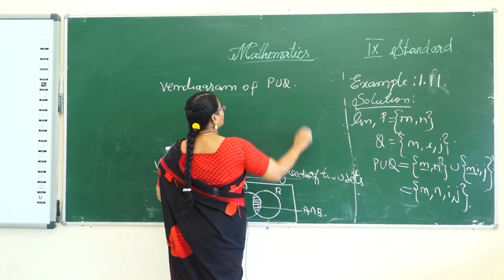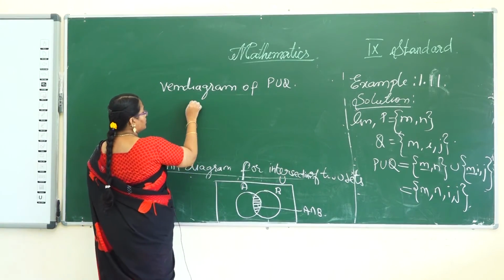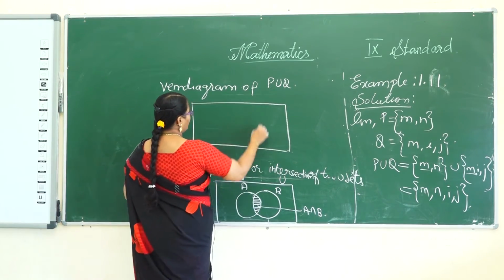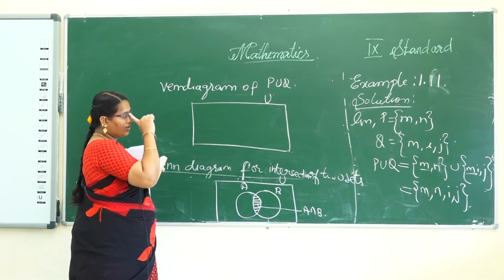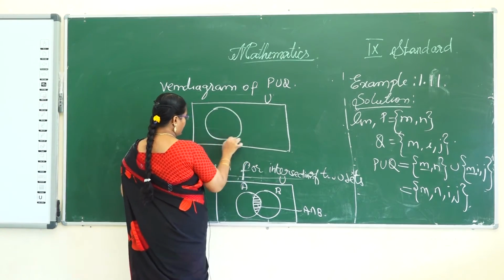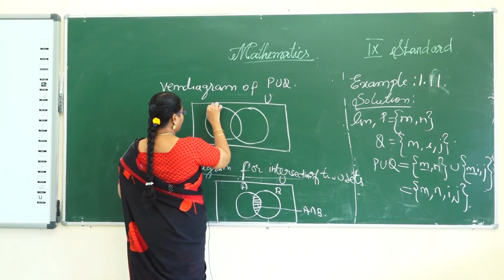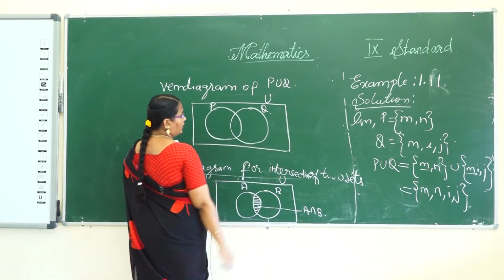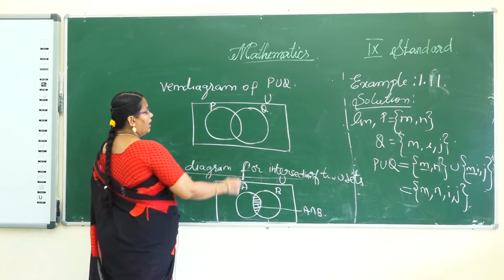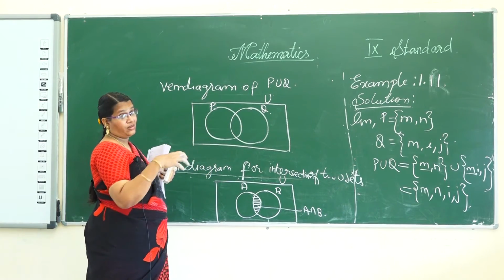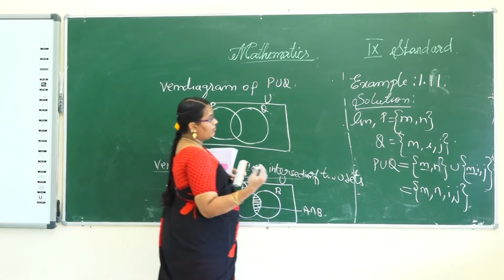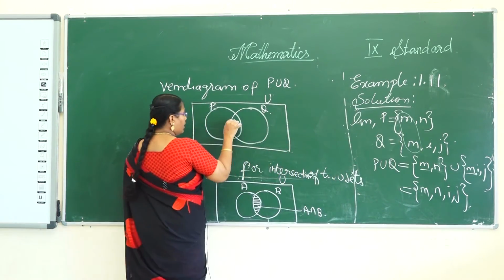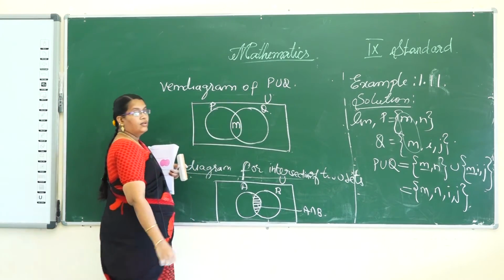Now, for P union Q, first draw the universal set. Here the universal set is not given, no problem, you can draw it, and then put the two sets P and Q. First of all, write the elements common to both sets. M is common to both sets, so write it in the center.